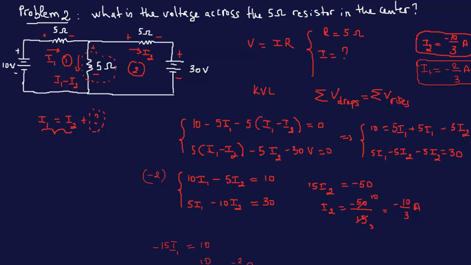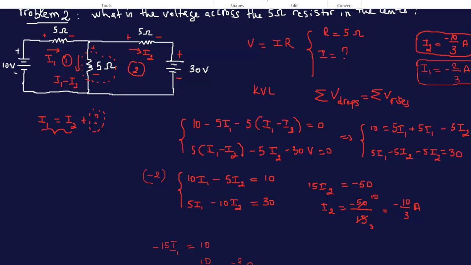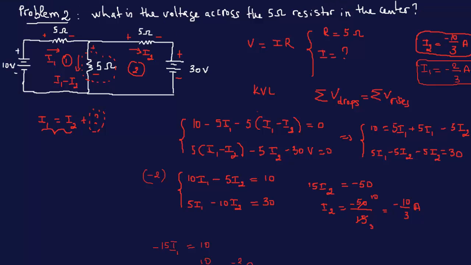Okay, so now we know what I2 is. Remember that the current going through the 5 is I1 minus I2.